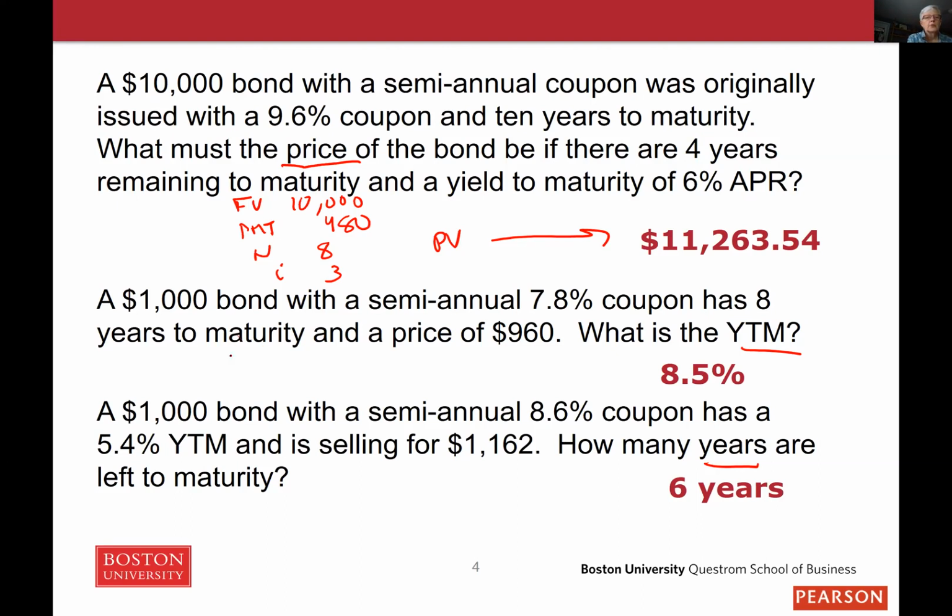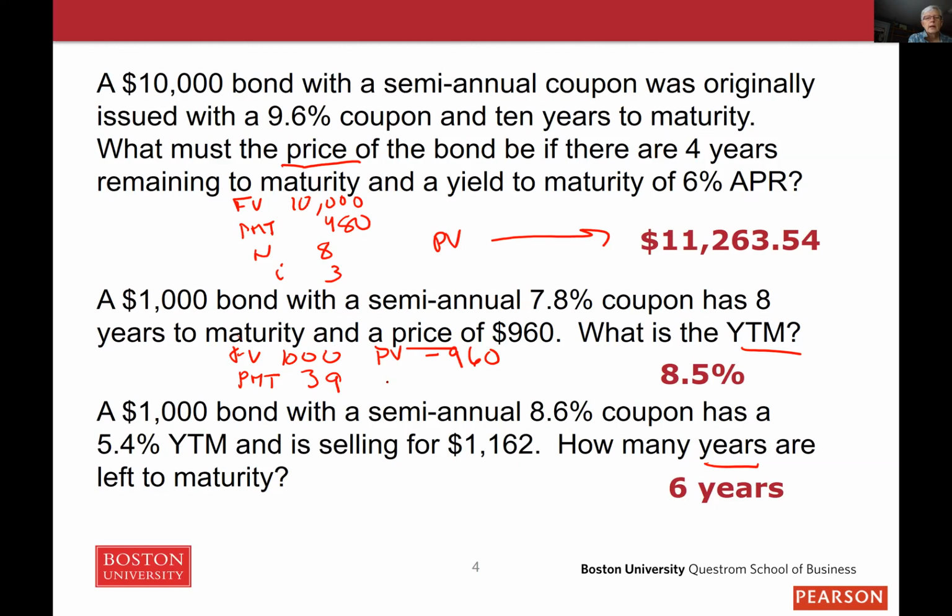For this one, future value is 1,000. Payment is 39. PV is, sorry, clean that up. PV is minus 960.